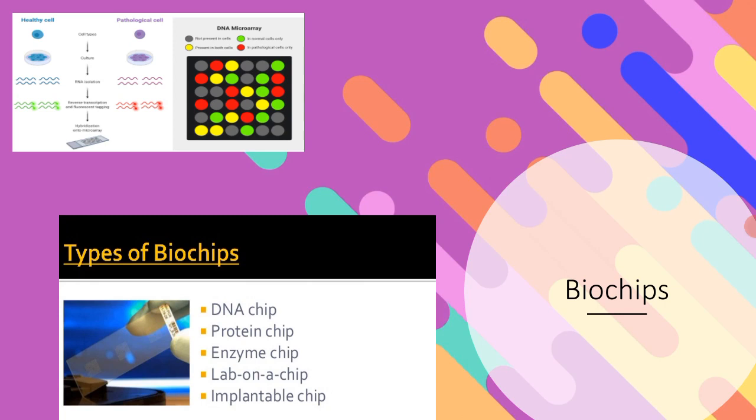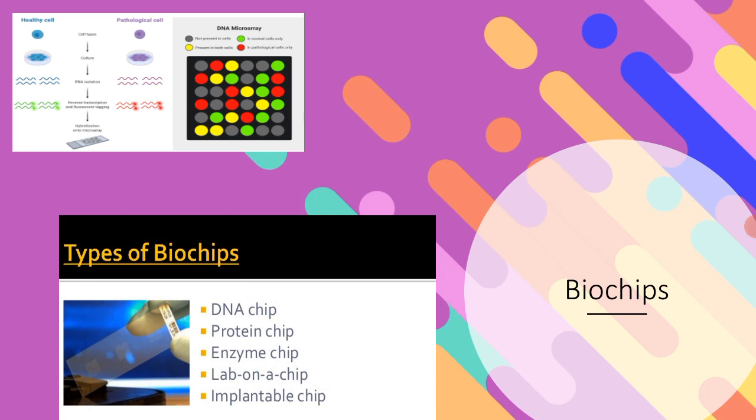DNA molecules are placed on a microarray, a two-dimensional array on a solid substrate, mostly a glass slide or the silicon cell, that will test a large amount of biological material using high throughput screening methods.